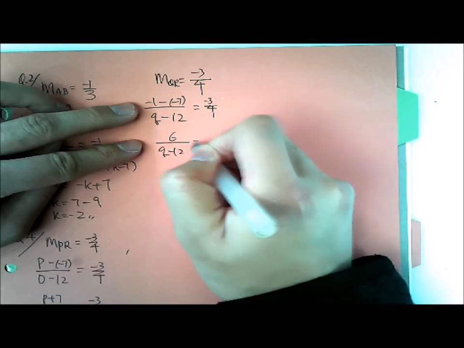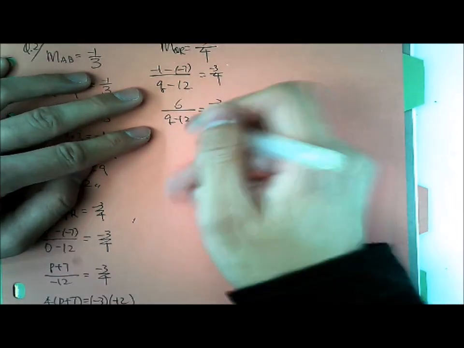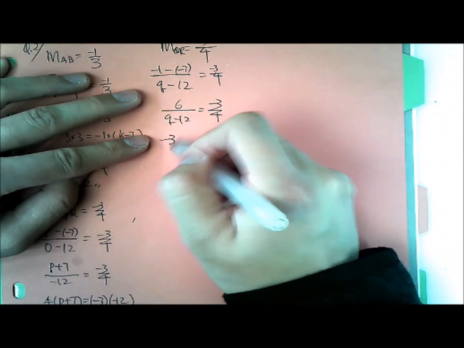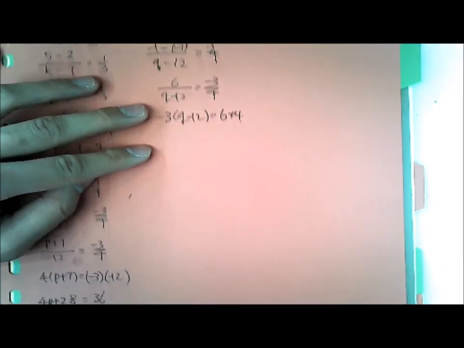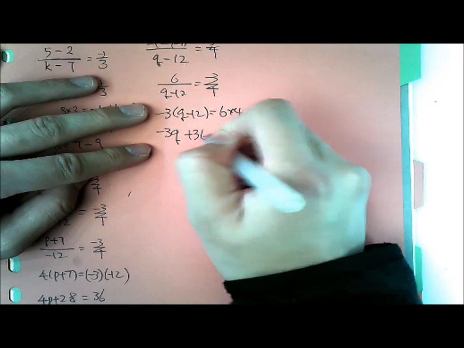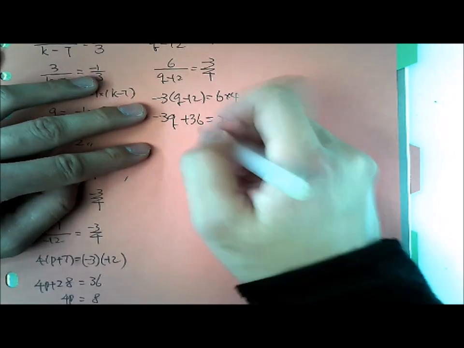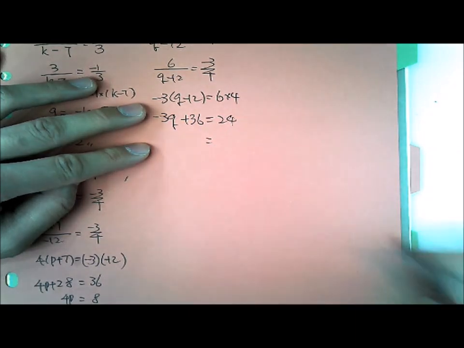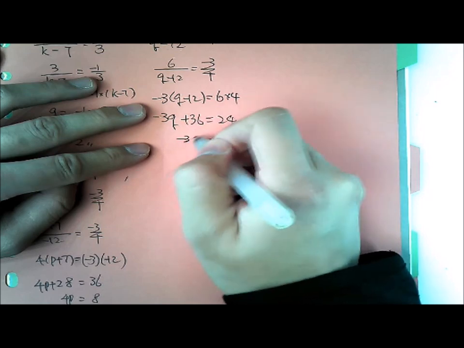Q minus 12 equal to minus 3 over 4, understand? And then do the cross. 6 times 4, understand? So remove the bracket. So minus 36 both sides, negative 12 on the right hand side.